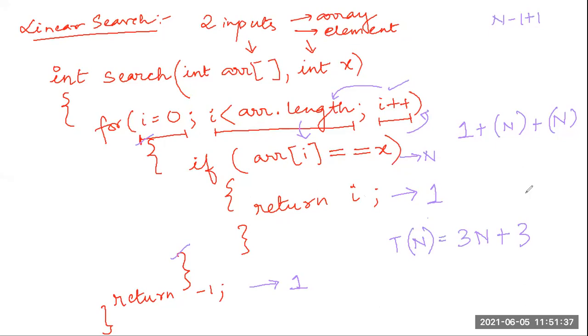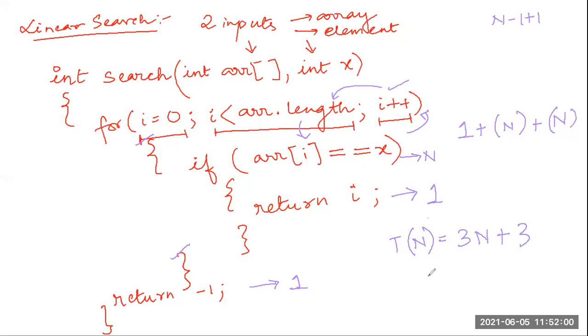So if I see the time complexity, it will give me 3n plus 3. And we have just learned that we take the most dominant term which affects the growth of the algorithm. So this constant 3 I will ignore, and in this 3n we take the dominant term. The dominant term is n. We have learned this already in asymptotic notations.